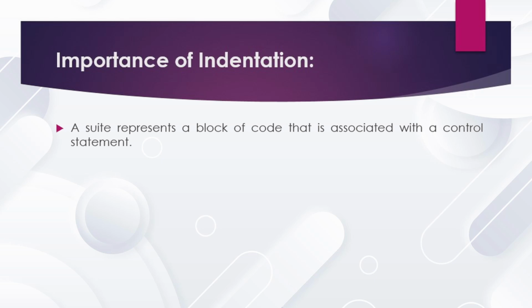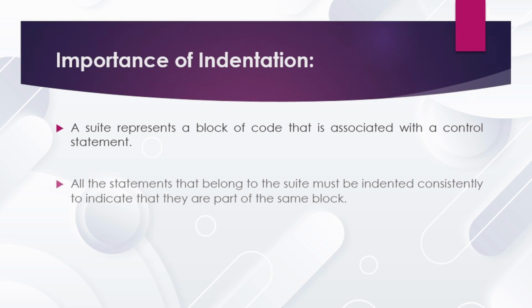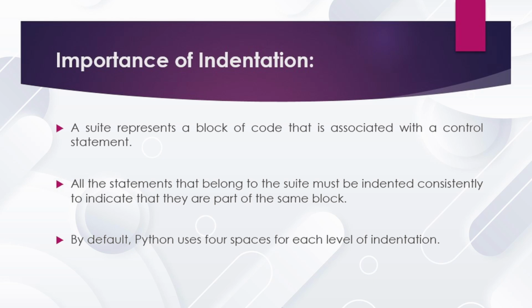To define a suite properly in Python, indentation is crucial. All the statements that belong to the suite must be indented consistently to indicate that they are part of the same block. By default, Python uses 4 spaces for each level of indentation.